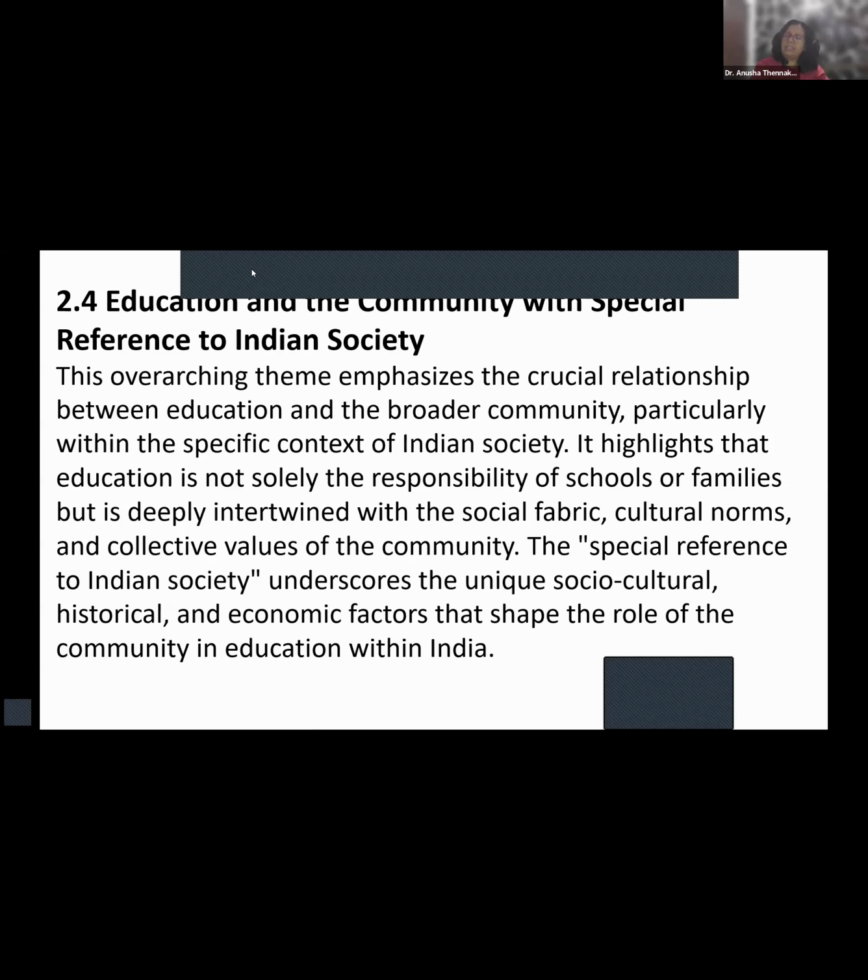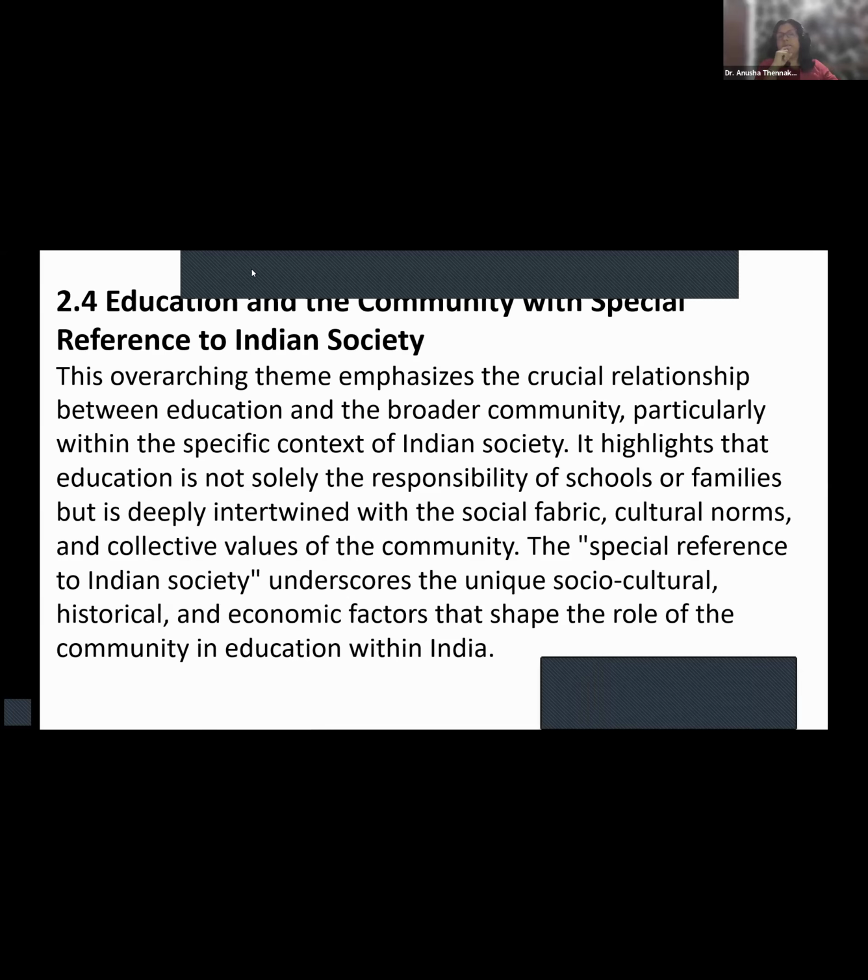And don't worry, Indian society is somewhat similar to Sri Lankan society. And it highlights that education is not solely the responsibility of schools or families. Normally we put the responsibility on parents and teachers. We think the responsibility of education should be taken by parents and teachers.